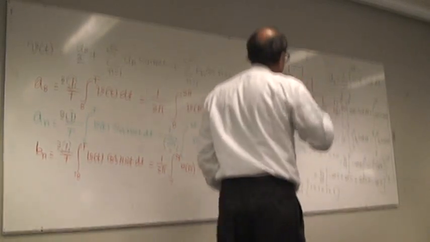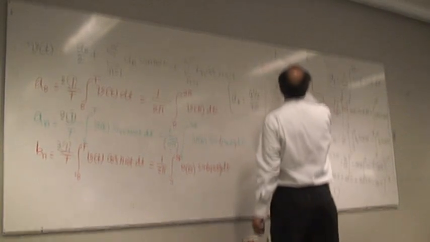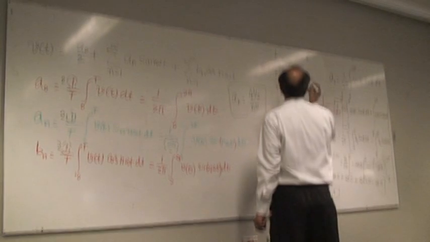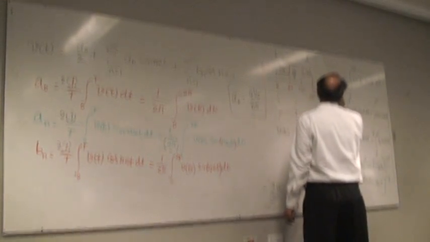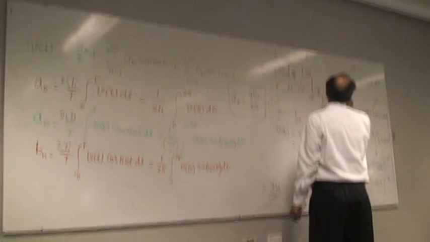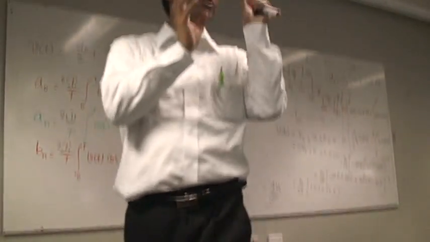Now you are splitting the waveform into 6. From 0 to 60 degrees, you have got Vs by 3. 60 to 120, 2 Vs by 3. Again 120 to 180, Vs by 3. Here minus Vs by 3, minus 2 Vs by 3, minus Vs by 3. So you have to integrate for 6 different regions for the full period.